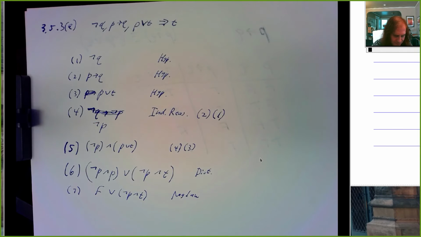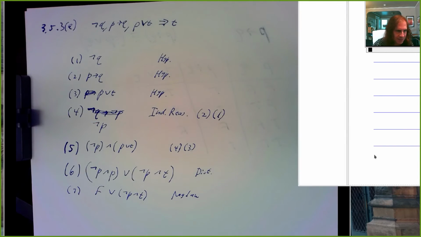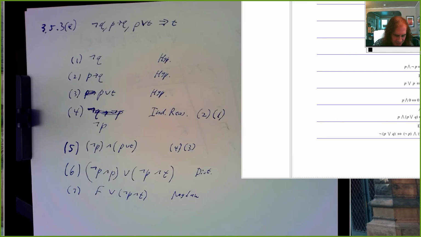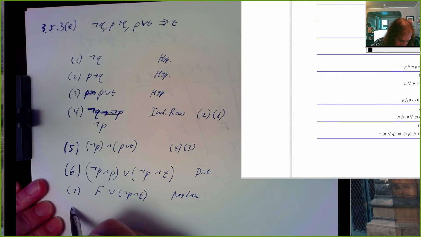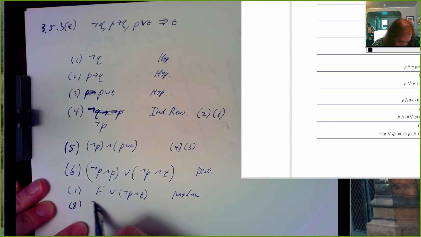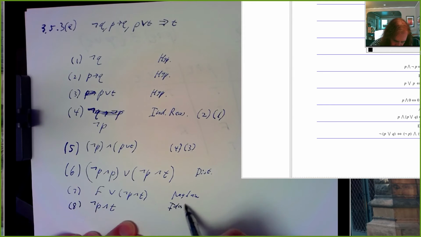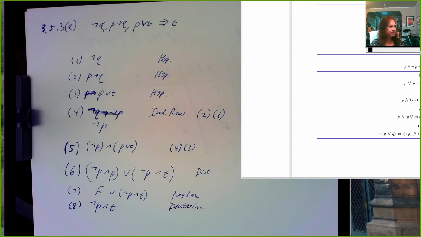Okay. And then false ORed with something is the same as the something. That's the identity law. Here again, we need to do a commutative law, but I'm going to skip that, and I'm just going to use the identity law and say not P and T. So that's the identity law.